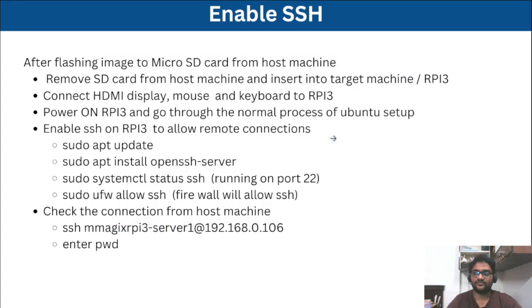So from the host we have flashed the Ubuntu image onto the Raspberry Pi 3. After that we explicitly connected to the Raspberry Pi 3, installed OpenSSH, and gathered the IP address of the target machine.